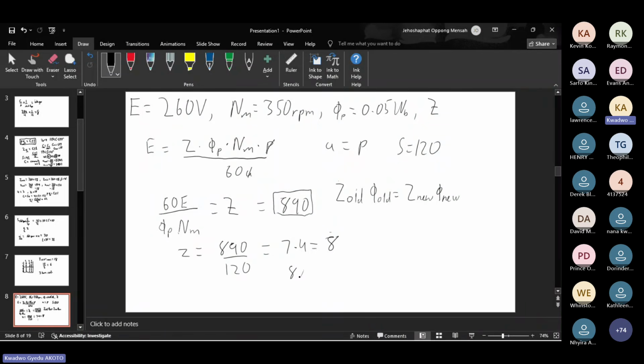So 8 times 120 is going to give us our suitable Z new, and that is going to be 960. Right? So we have here 890 times 0.05 is equal to 960 times phi new.